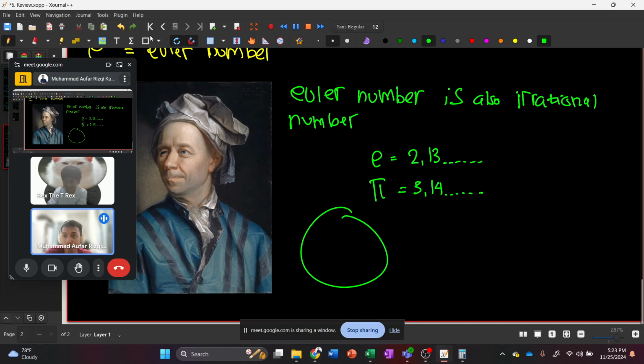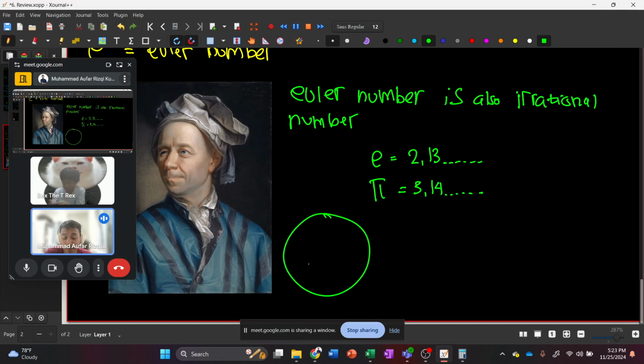So people in the past, to approximate the area of a circle, used a polygon. They drew it like this.